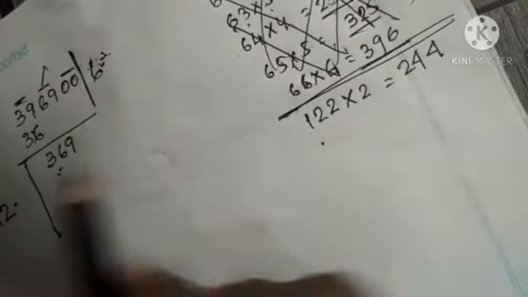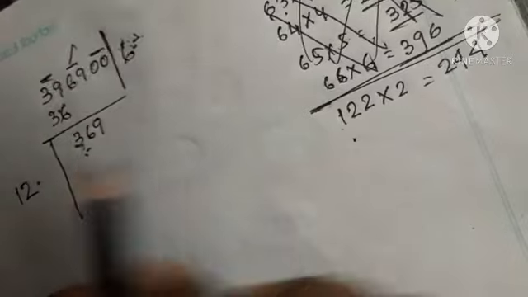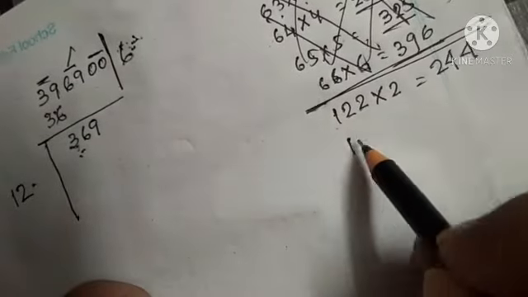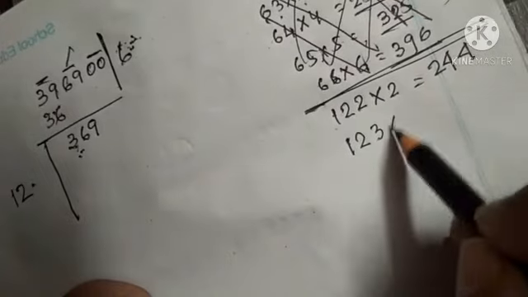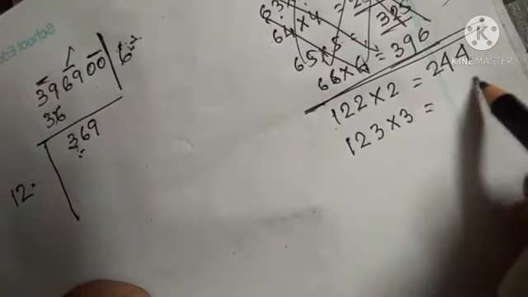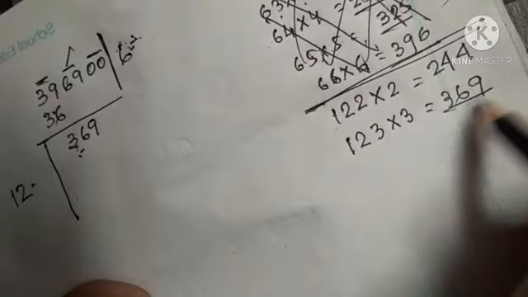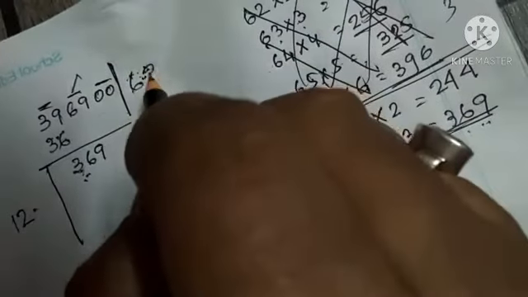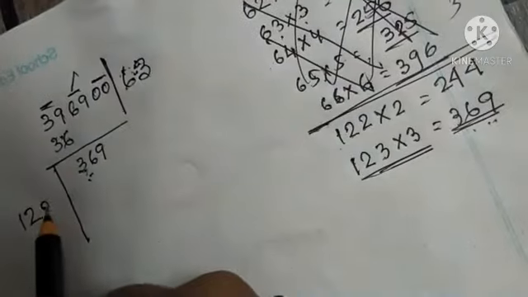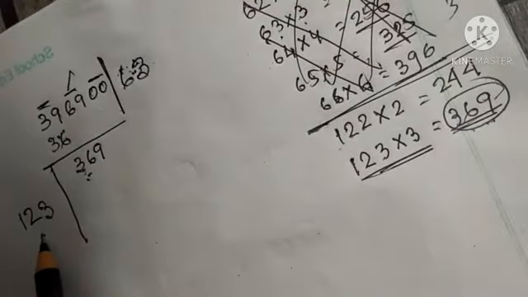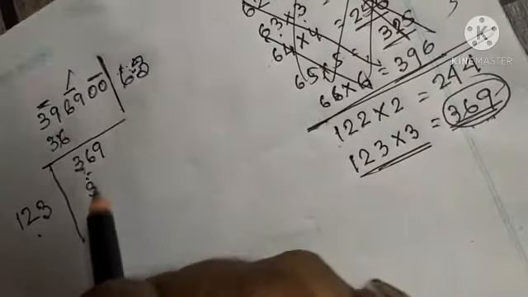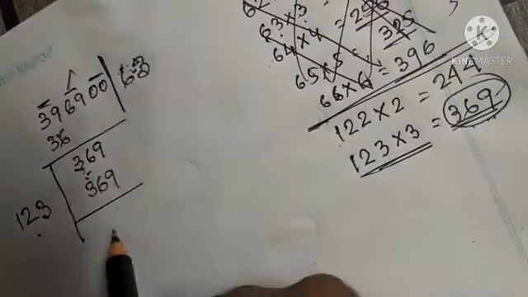Okay, here is 369. We have to increase it, next stage 123 multiplied by 3, 369. Therefore we have to write 3 here and also here 3, and it is multiplied by 123, and here will be 369. The remainder is 0.